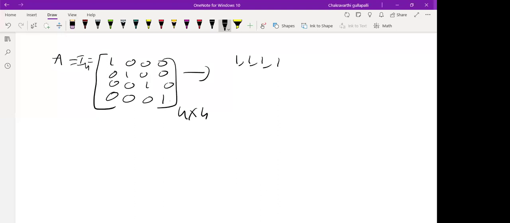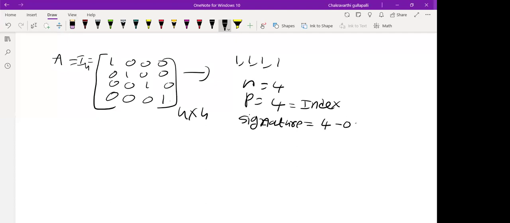So what is the rank? 4, because all are non-zero. How many positive eigenvalues? 4. So the index is 4. Next, signature: number of positive minus number of negative. Number of positive is 4, no negative, so 4.